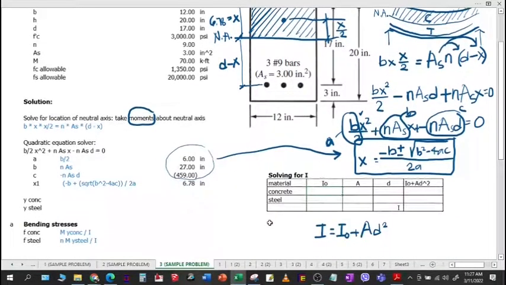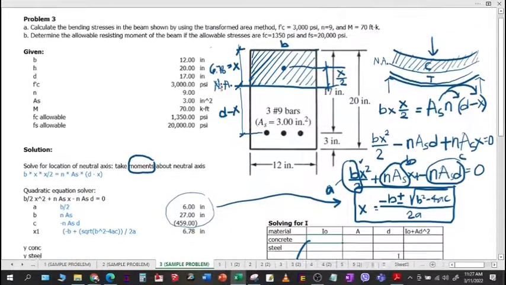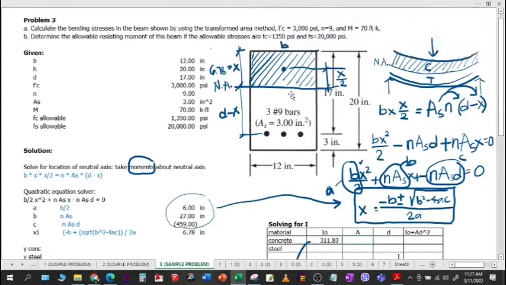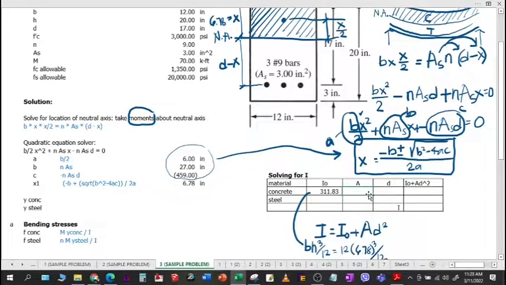This one is rectangular in nature. So therefore, the formula for I_0 there is simply b h cubed over 12, or equal to b, which is 12, and h is this one, 6.78, cubed over 12. And you will generate this answer. And area, of course, is just b times 6.78 or b times x.